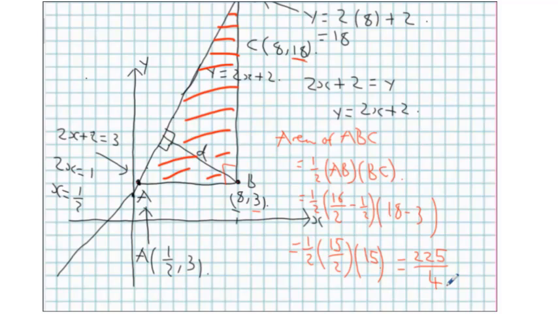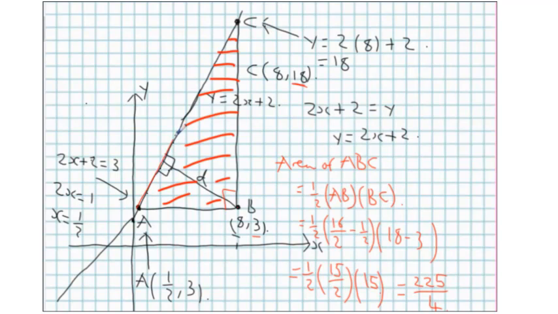Then what we could do, if we get the D involved, if we consider AC as the base, and then D as the height, and use those as in a half times AC times D, it should give us an answer of 225 over 4, because it's finding the area of exactly the same triangle.